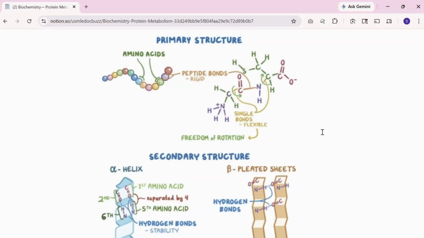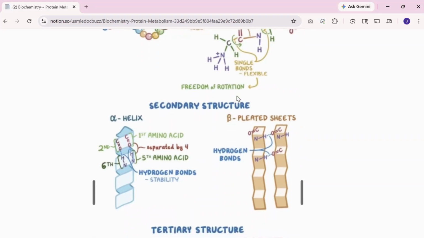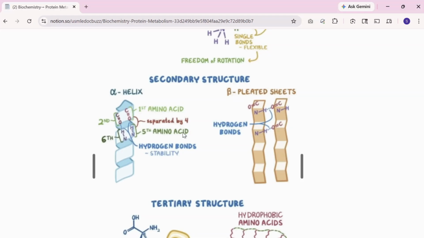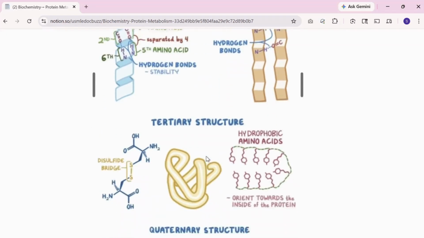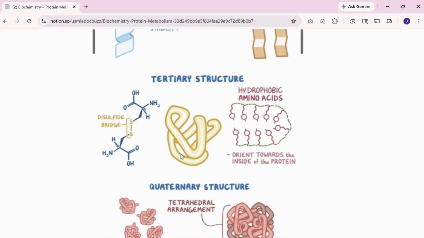Tertiary structures, as you see here, orient in a certain pattern, and they usually make folds. They may make up these enzymes; these are usually enzymes, how they fold. They might have disulfide bridges between them. And as I said, the most important amino acids which have sulfur in their composition are methionine and cysteine.